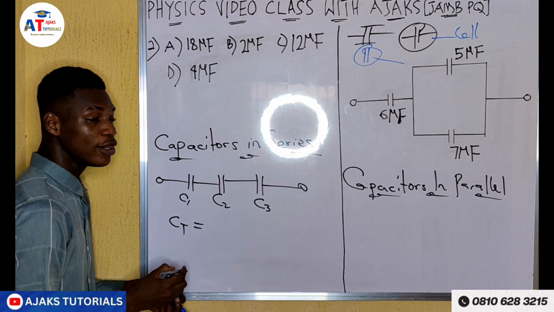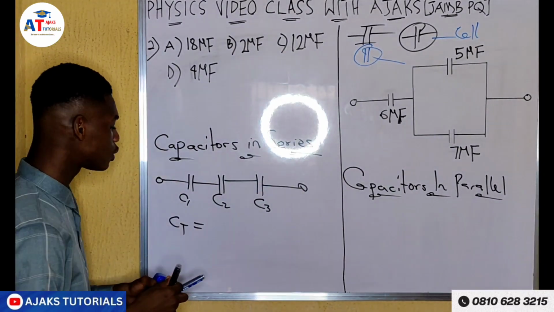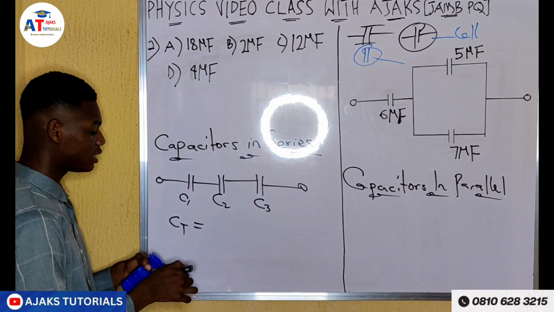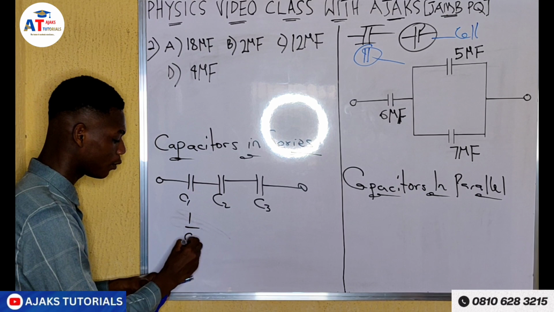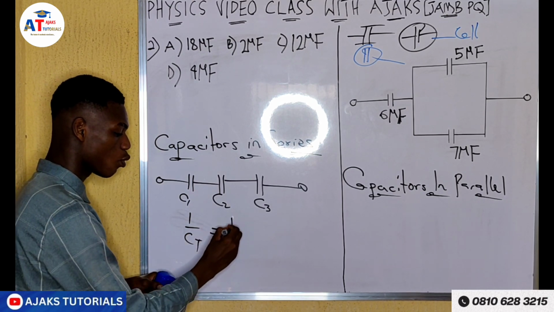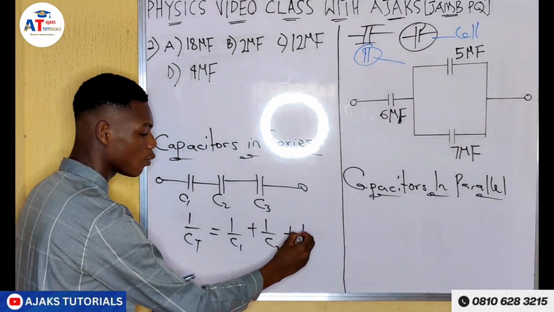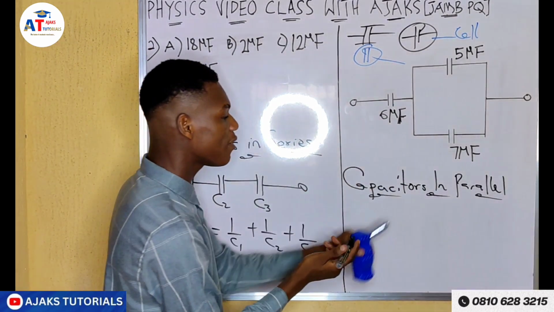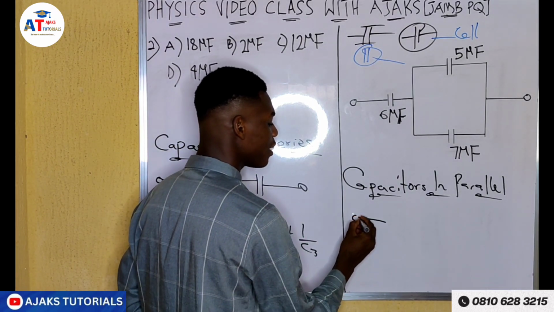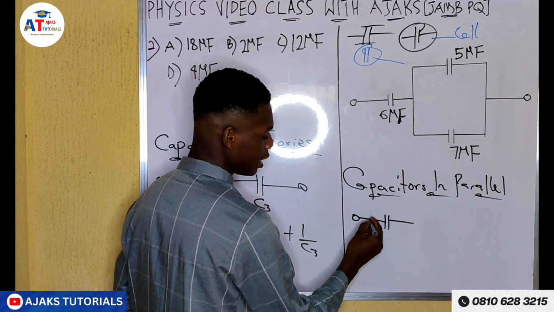Normally in resistors we add them, but please take note, for capacitors in series, 1 over C total is equal to 1 over C1 plus 1 over C2 plus 1 over C3. Do you understand? That is for capacitors in series.